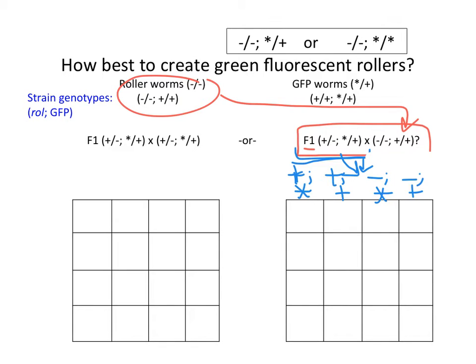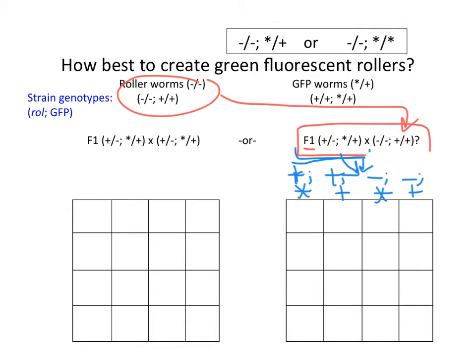Slash represents two different versions. So we've got some slashes up here. This is a great question, by the way. Same gene. So slashes separate the two alleles of the same gene. You have to be very careful about this. And the semicolon separates separate genes: a gene that makes rolling worms, a gene that makes fluorescent worms. The semicolon in between them. Okay.